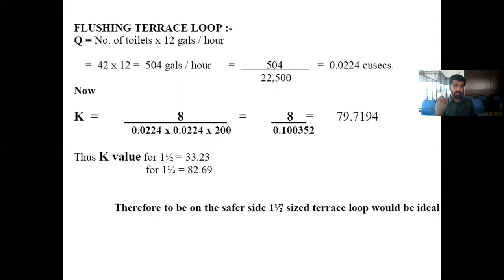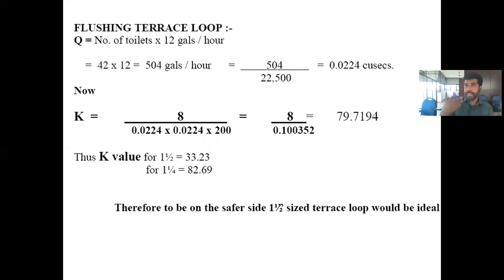So this is the way we will find out the terrace loop, for flushing as well as for domestic purposes.